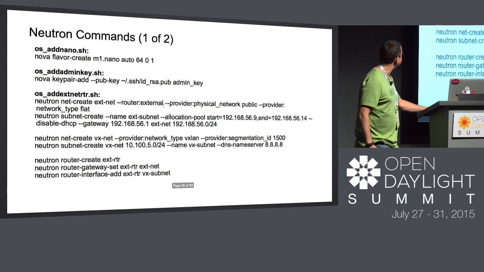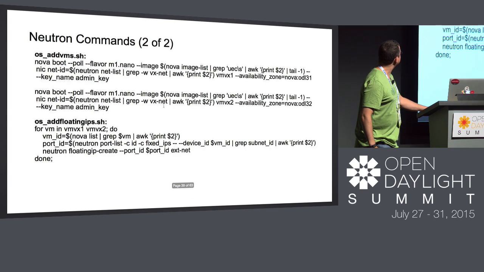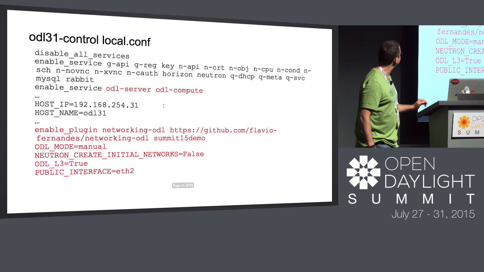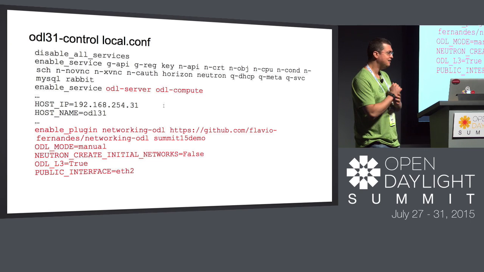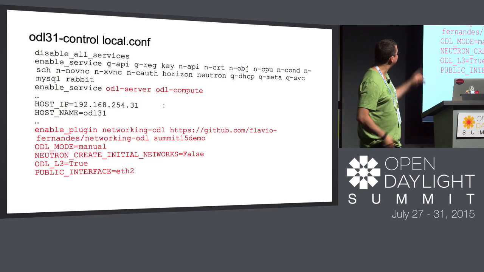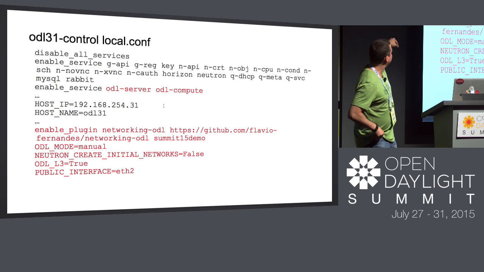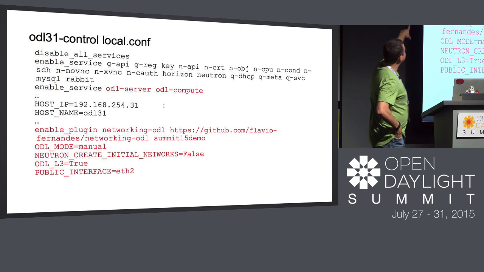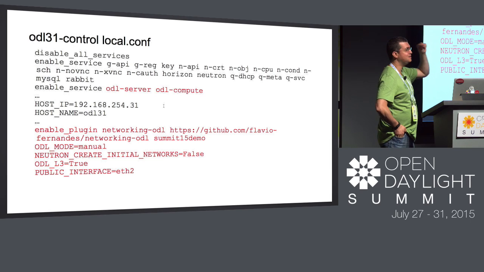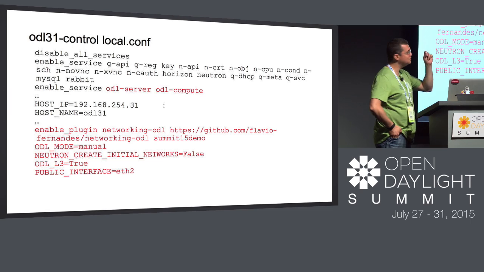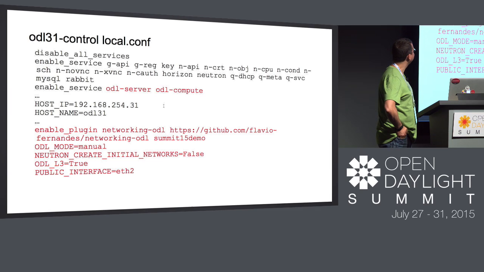But basically, yes. For the DevStack folks, I have local.conf, and the first thing I wanted to mention is we like disabling all services and methodically enabling only the few services that we want to use here.